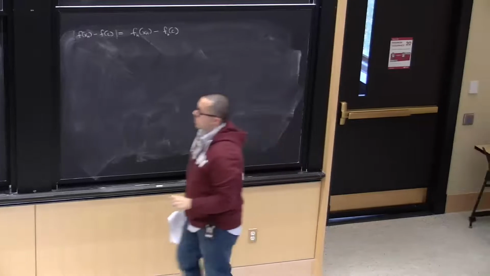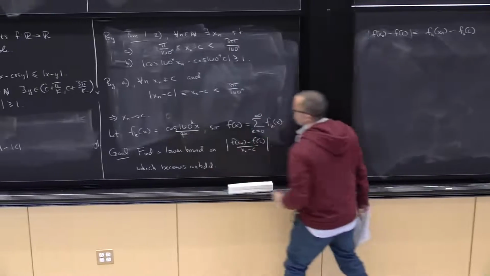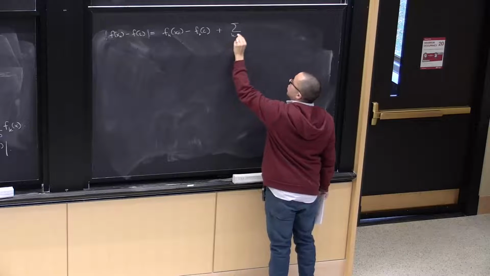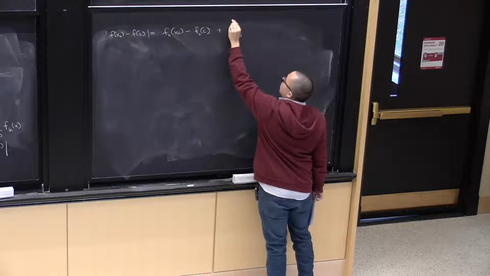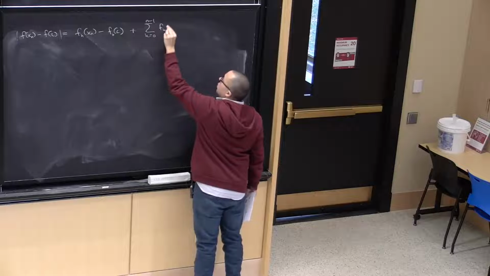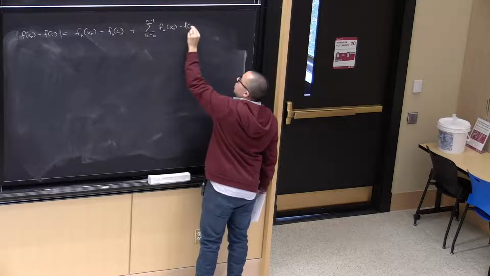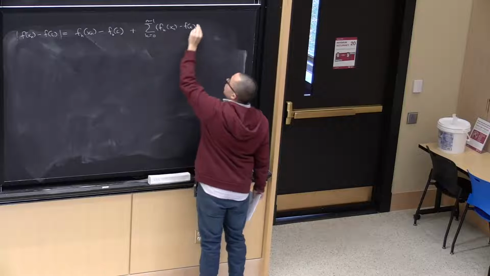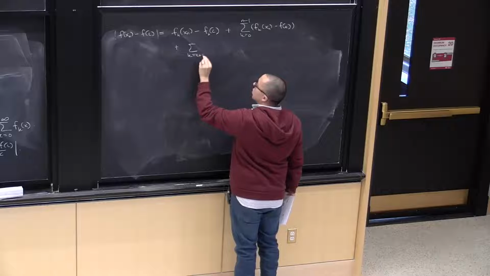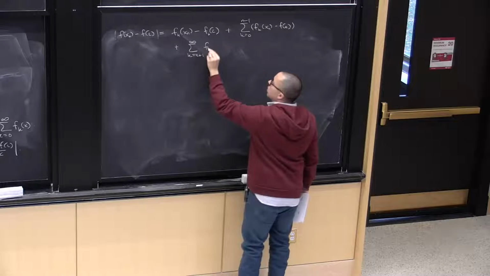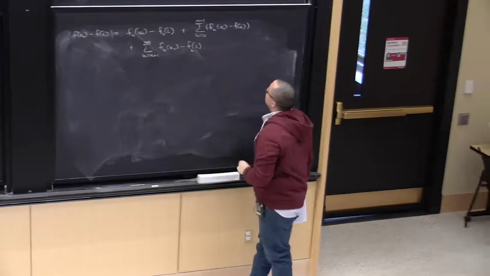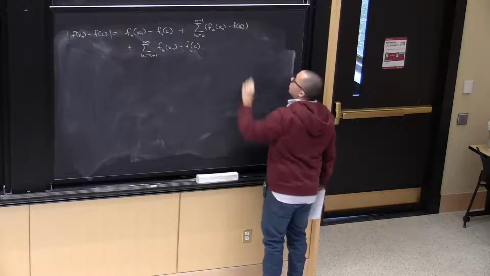Remember, f sub k is just one of these building blocks, plus the sum from k equals 0 to n minus 1, plus the same with c in place of x. Okay?